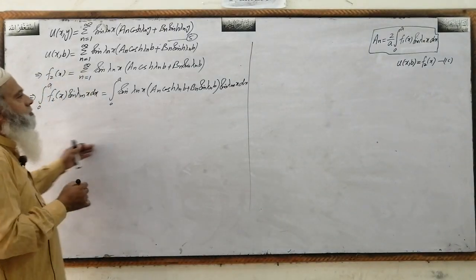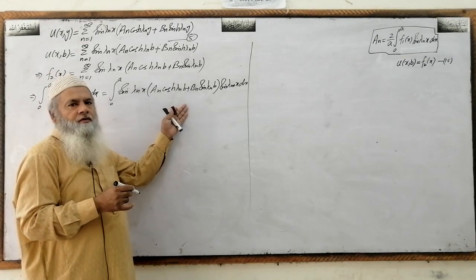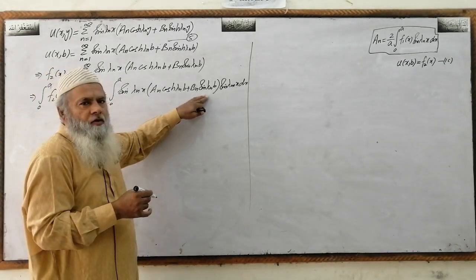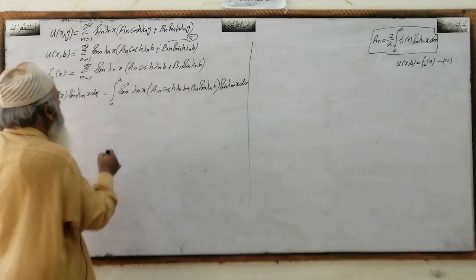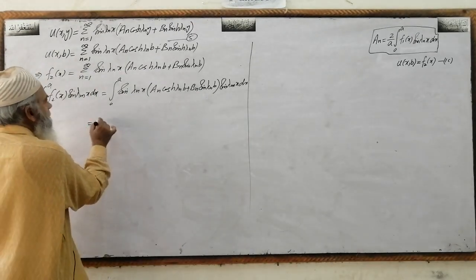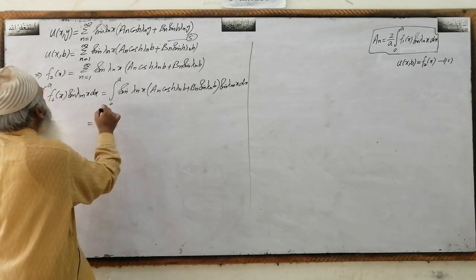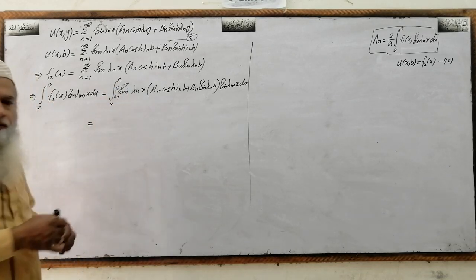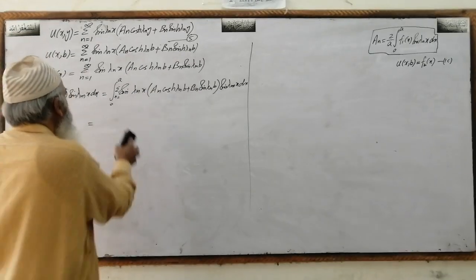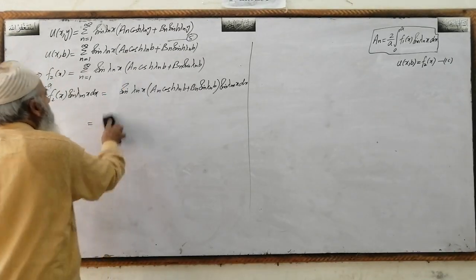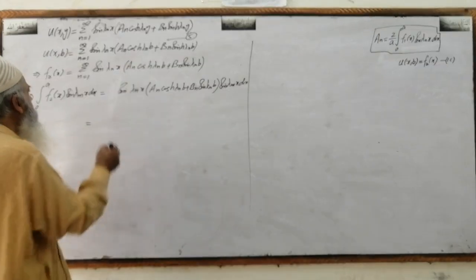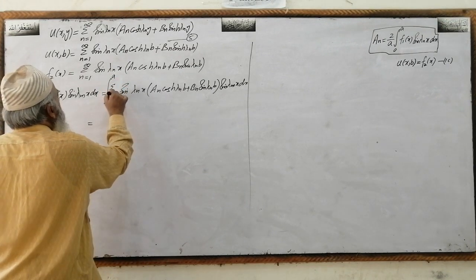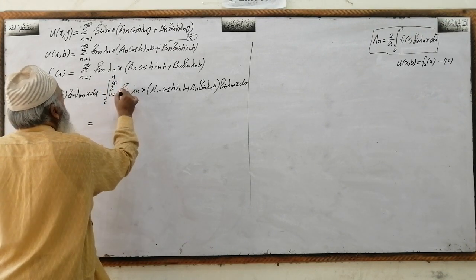Now as you are integrating with respect to x, this term is constant because it doesn't involve x or y. Therefore we can write it with the sigma n varies from 1 to infinity, obviously you have to write the summation as well.